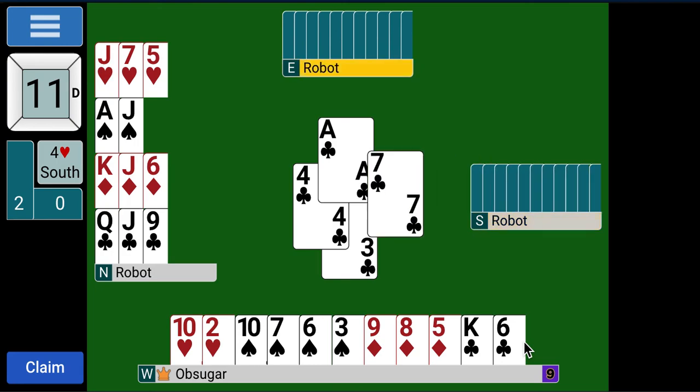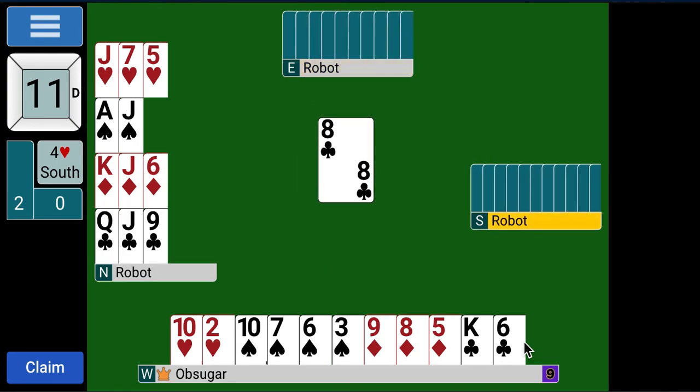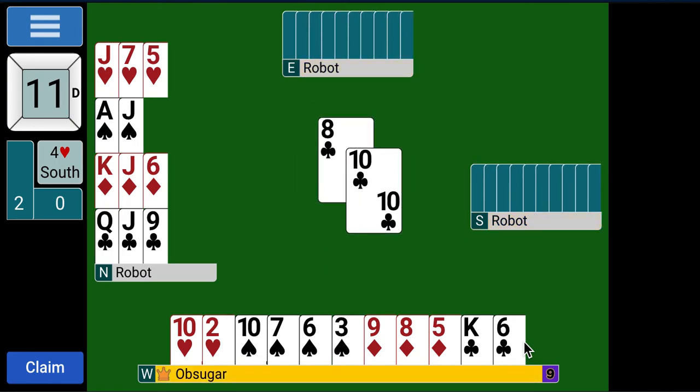There's the ace. And now because I've led low, he knows that I'm leading from the king, that I can tolerate the lead back. And actually, it's the robot, so he wasn't thinking anything like that. He just knew that the king of clubs had to be in my hand, right? And now we've seen a diamond and 2 clubs, right?